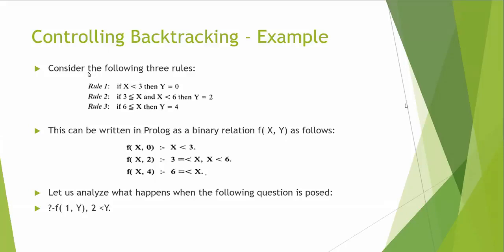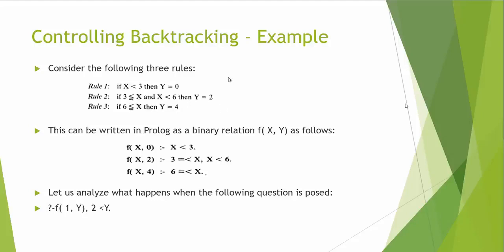Now see, here I have given 3 rules. Consider the following 3 rules. Rule 1 says that if x is less than 3, then y is equal to 0. If x is greater than or equal to 3 and less than 6, then y is equal to 2. And if x is greater than or equal to 6, then y is equal to 4. Okay.